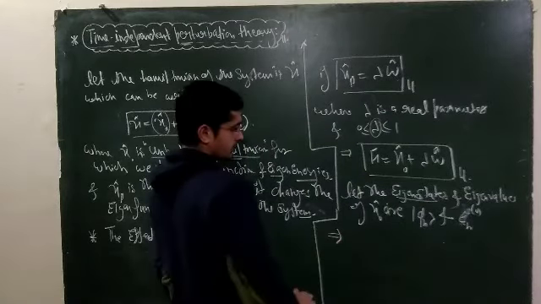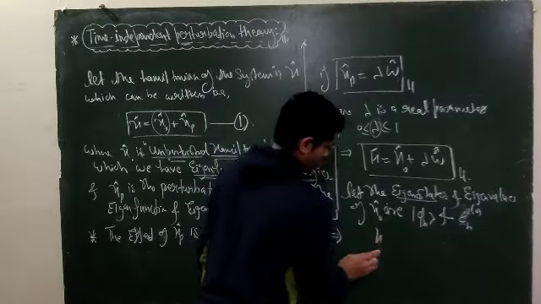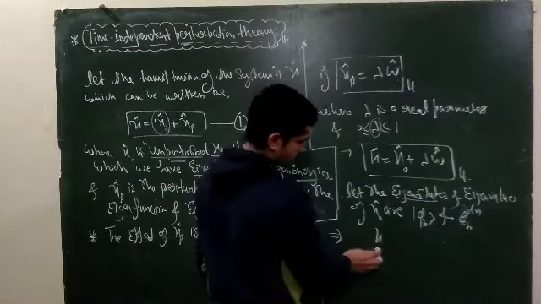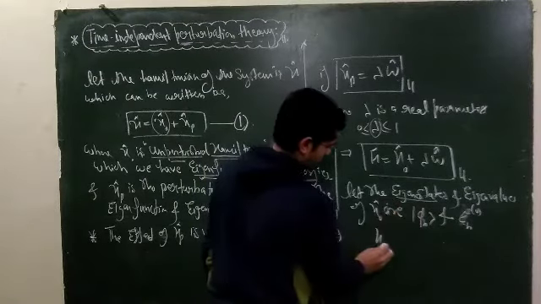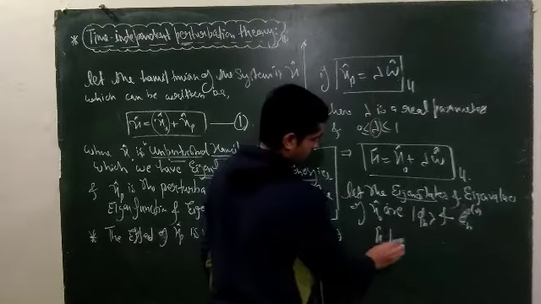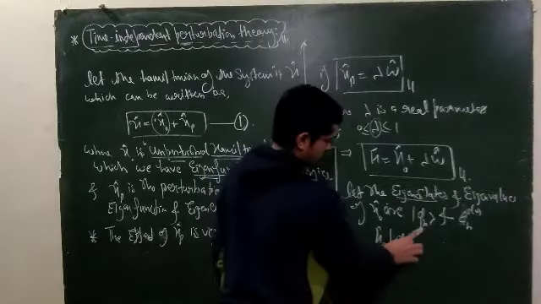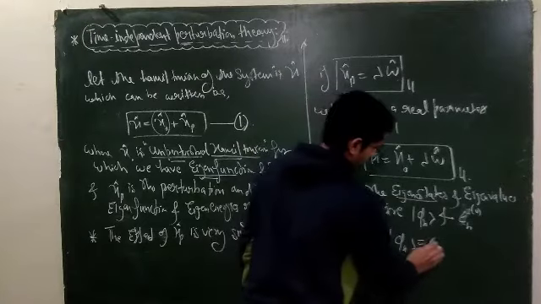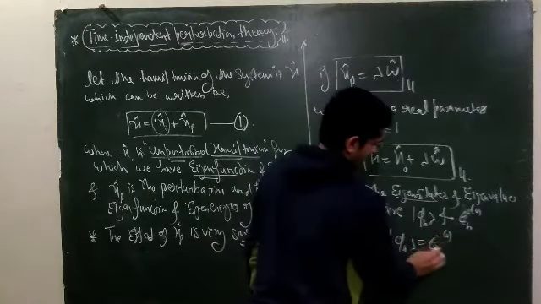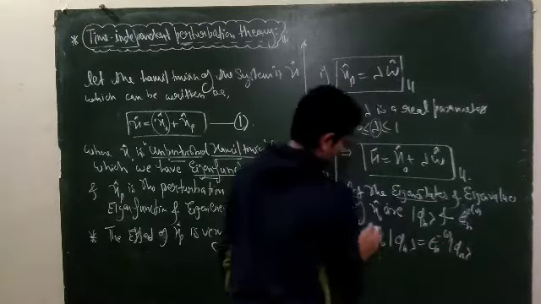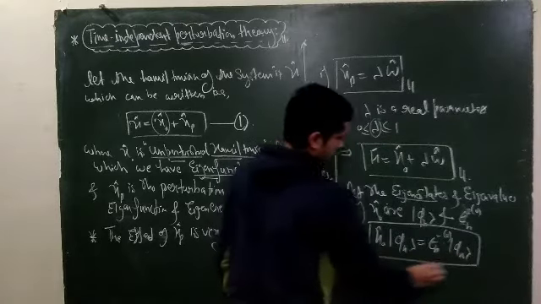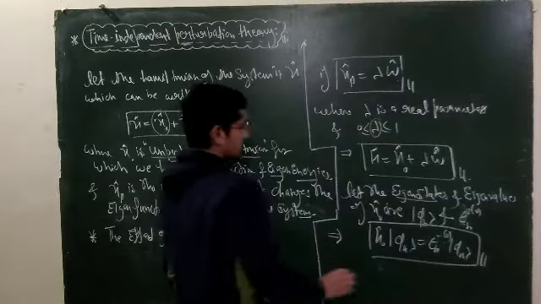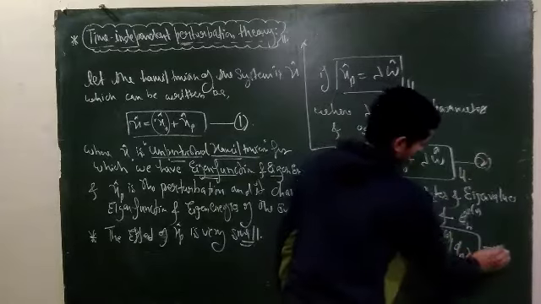Then the unperturbed Hamiltonian acting on these states gives the eigenenergies times the state vector itself. This is another important equation.